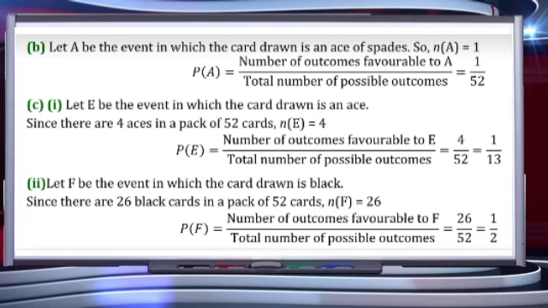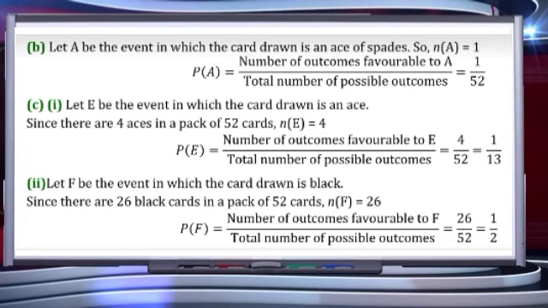We know that the ace of spade is a single card in the pack of 52 cards, so its probability becomes 1 upon 52. Next, the first part of C is to draw a card that is an ace. We know that the total aces are 4 in the pack of 52 cards, so the probability becomes 4 upon 52, which is equal to 1 by 13.